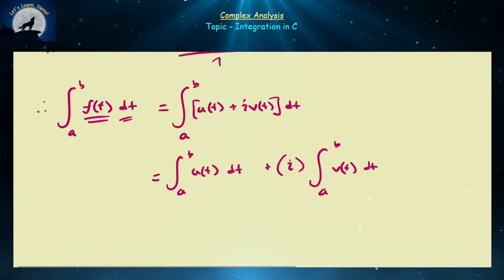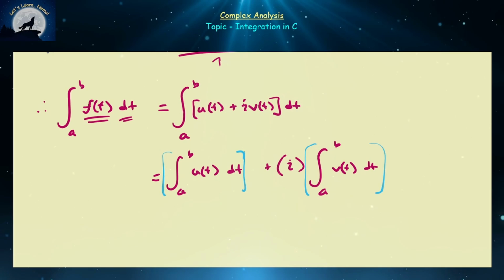So what exactly do we have here? We have this object here, and we have this object here. And keep in mind, u and v are technically in the realm of R, right? Because that's with respect to R, that's with respect to R. So both of these are real analysis type integrals.